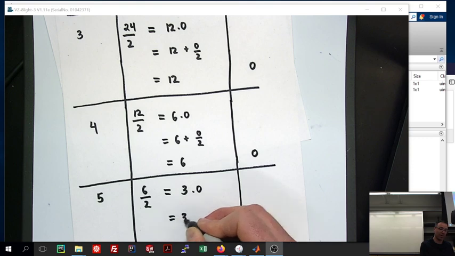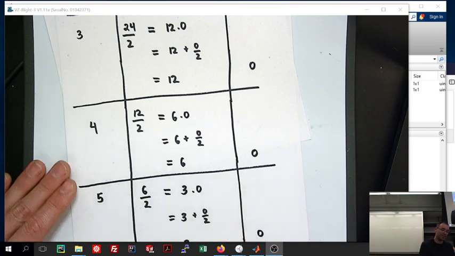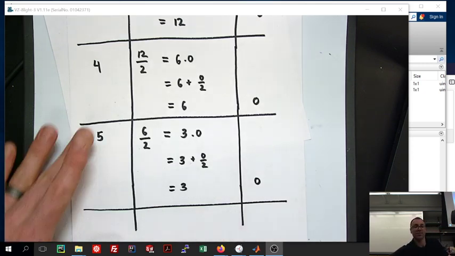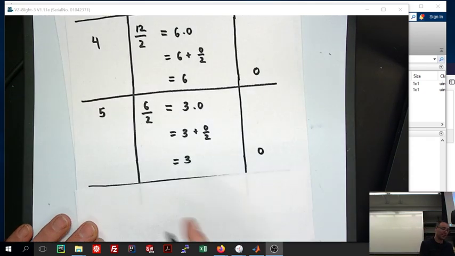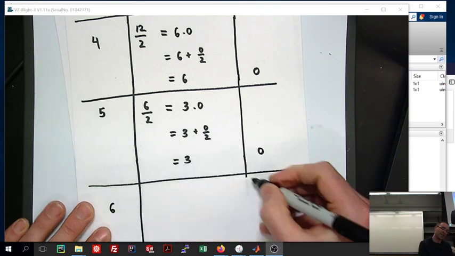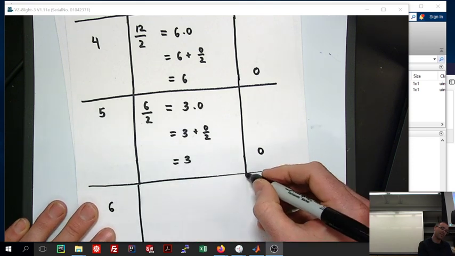Another way to say 3.0, which is integer part 3, remainder 0. Step 6 of this algorithm. Could you guess how many steps there's going to be?